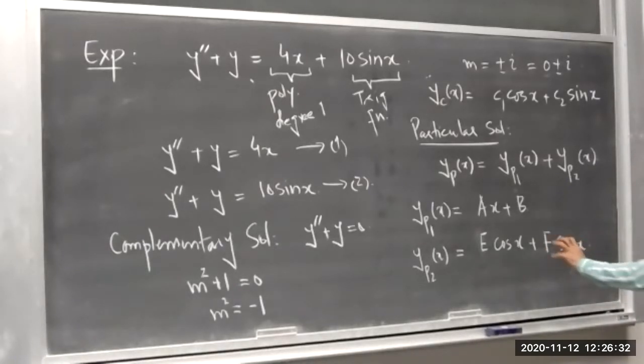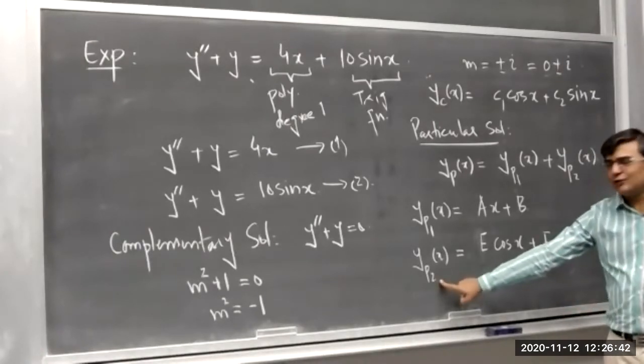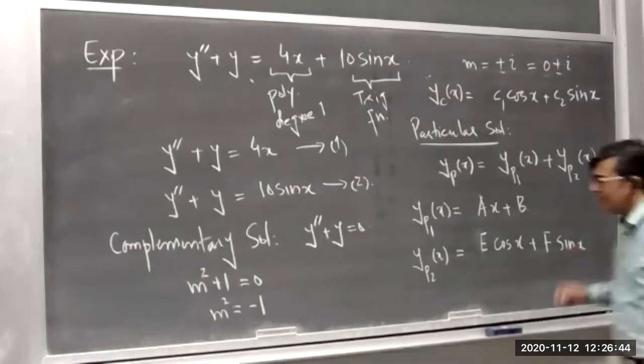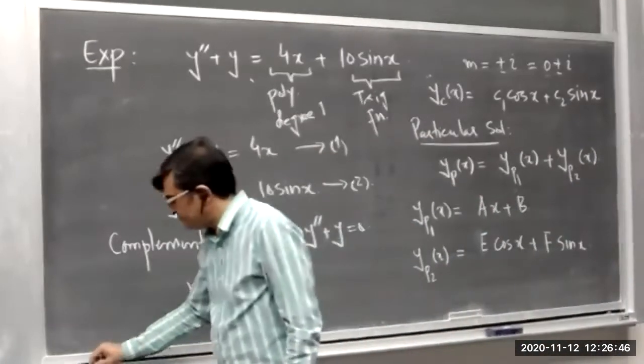So this will be the assumed particular solution in the second case. But remember that in this second particular solution, we have a term here, f sine x.